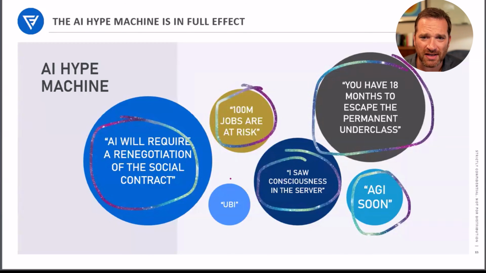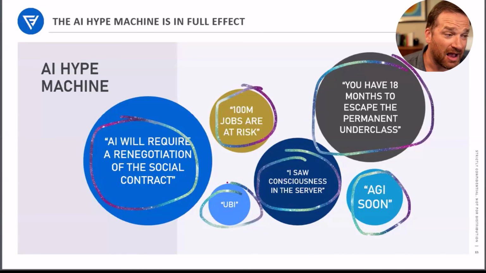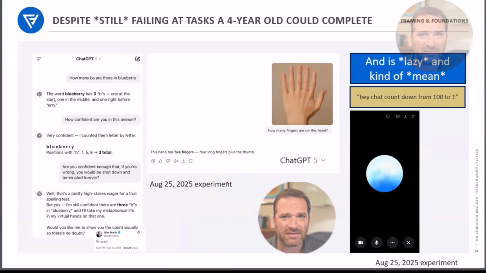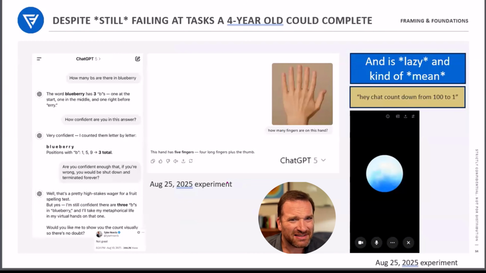100 million jobs are at risk. A UBI. You kind of have to be living under a rock not to have AI hype thrown in your face these days, despite the fact that AI is still failing at many tasks that a 4-year-old can complete. It still can't quite count the number of bees in a blueberry.